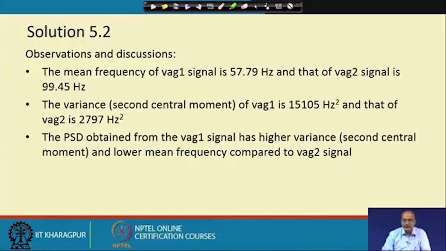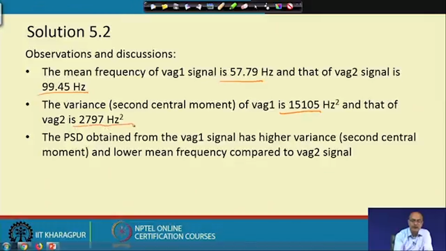Now, what are the values we get? We get that the mean frequency for VAG1 is 57.79 hertz and for VAG2 it is 99.45 hertz, and corresponding variances are 15,105 hertz square for VAG1, and for VAG2 it is 2797 hertz square.